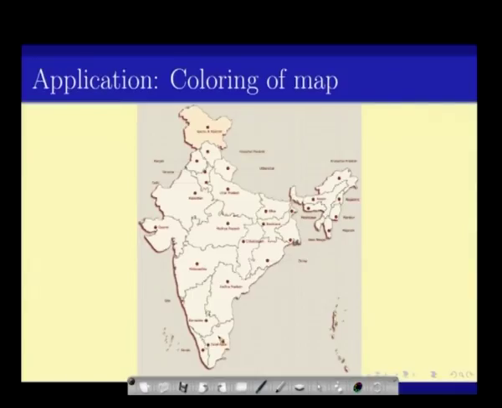Here is the graph theory version of the problem. For each state, we put a vertex, say for Tamil Nadu, Kerala, Andhra Pradesh, Maharashtra, Madhya Pradesh, Orissa, Chhattisgarh, and we keep on doing this for each of these states. Now, what do we do?